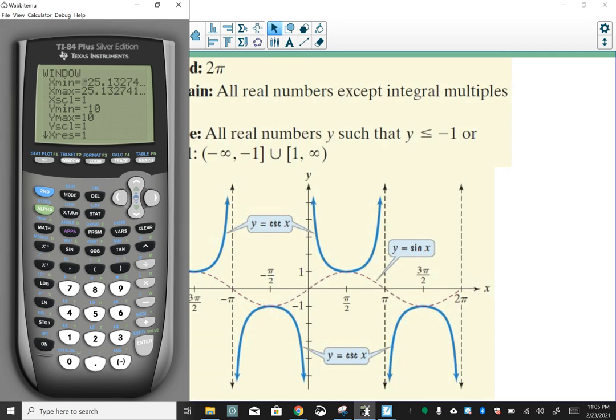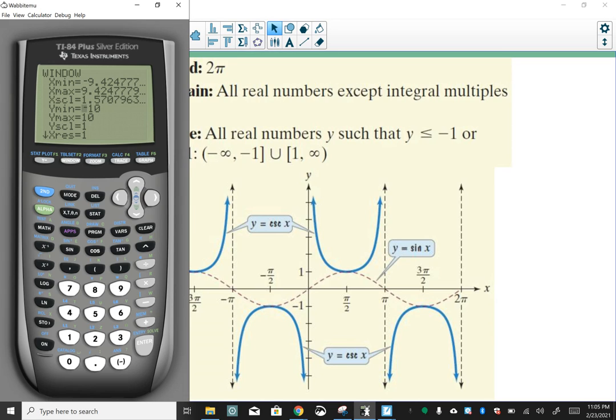So we're going to go from negative, let's go 3 pi, just to give us enough room so you can see what's happening here, to 3 pi. And we're going to go a scale of pi over 2.